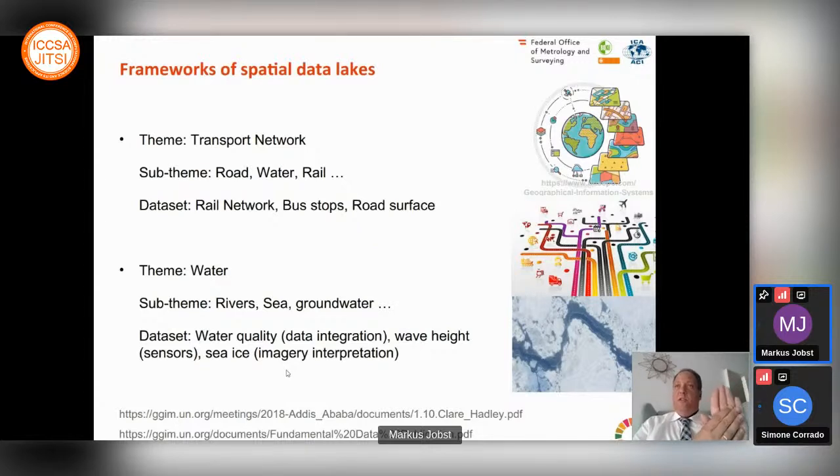This will not create any relation. The same for water. You have rivers, you have the sea, you have the groundwater. You could go for the water quality. Just providing, for example, a data set of wave height from the sensors is not enough to cover the whole theme of water. So you see, it's very inhomogeneous. It's very differentiated what we are dealing with here.